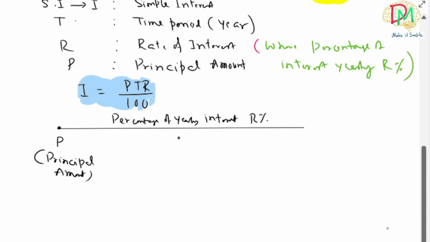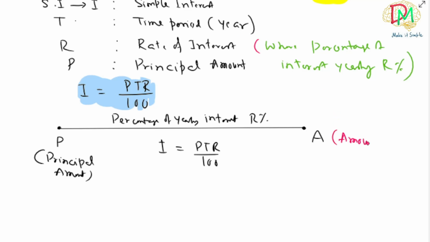Okay, and after 1 year the depositor receives the principal amount with the interest amount. So interest amount is PTR by 100. So the amount received after 1 year from the bank, this is the amount, must remember this, is equal to P plus PTR by 100.